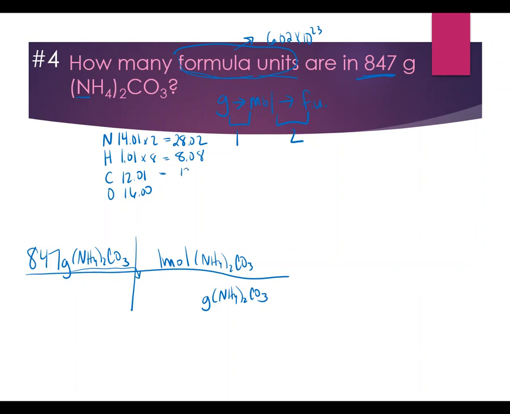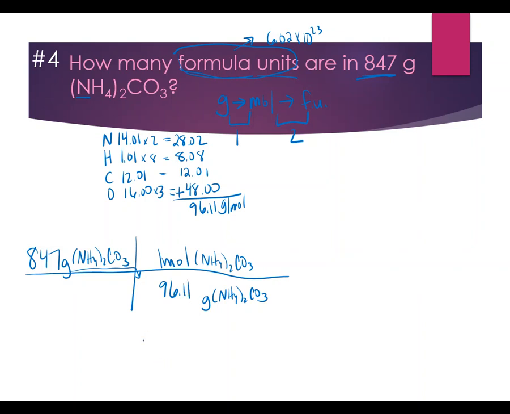Obviously, there's only 1 carbon, and then how many oxygens here? Everybody still awake? Hopefully so. 3, yes, okay, 48. Now, if you add all of this up, you'll end up getting 96.11 grams per mole. So you have to do the side calculation here for the molar mass.